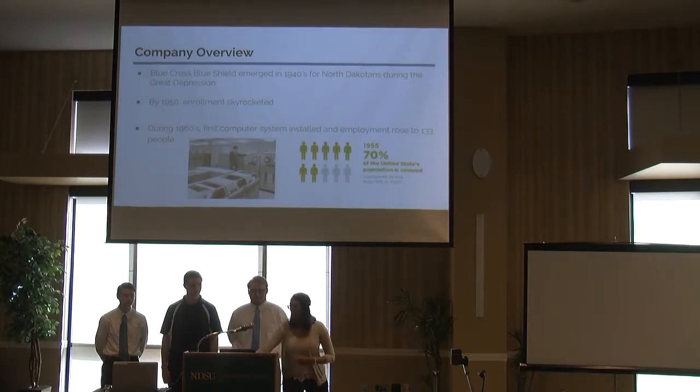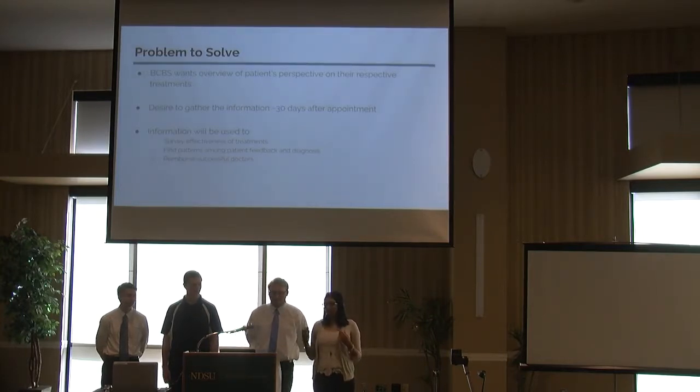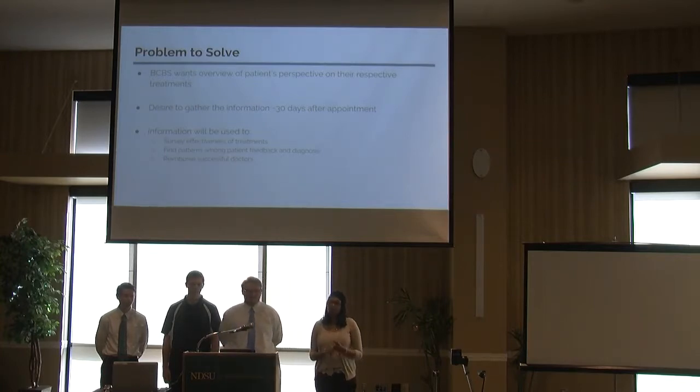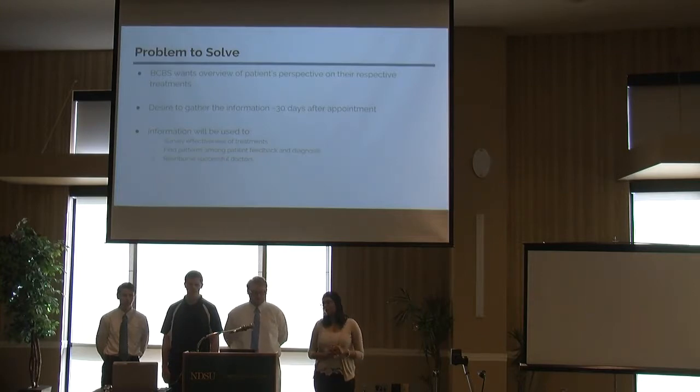Moving to 2018, their problem is that they would like to have a patient perspective on respective treatments once they file a claim. With the results they gather after about 30 days from when the claim is filed, they'll use the information to find treatments, find patterns among the treatments, and reimburse successful doctors.